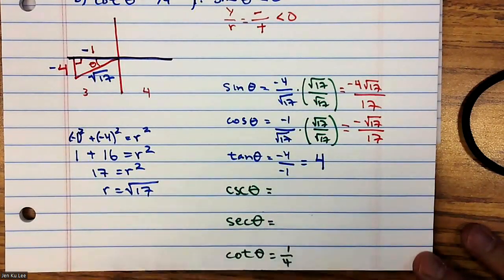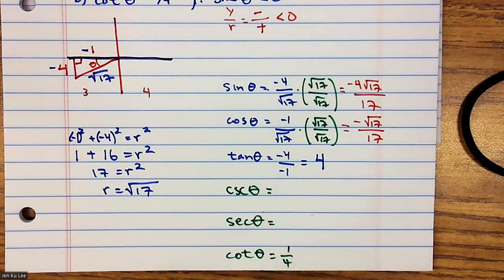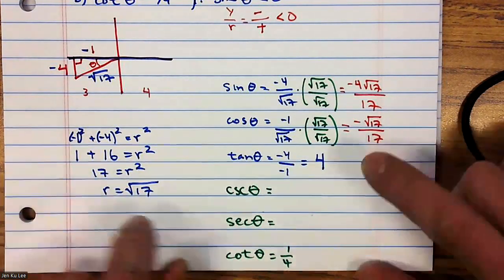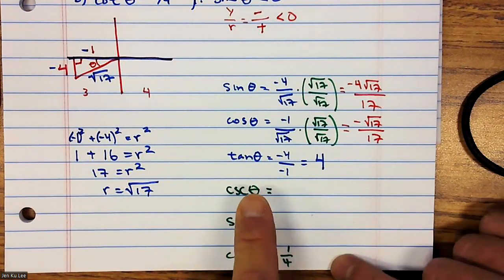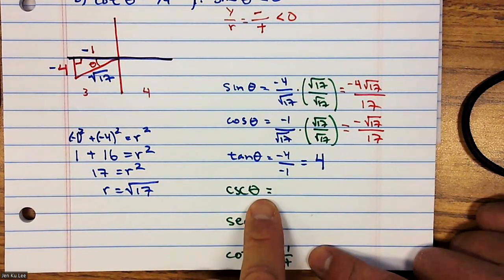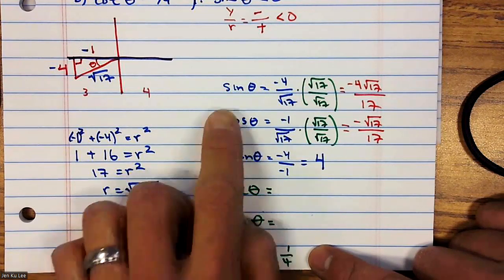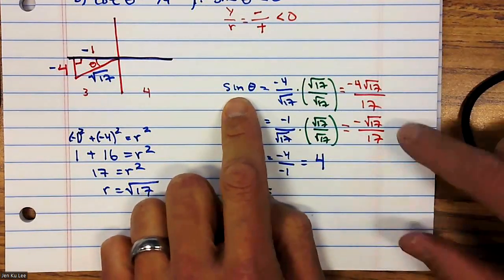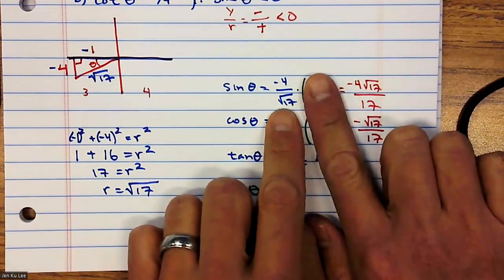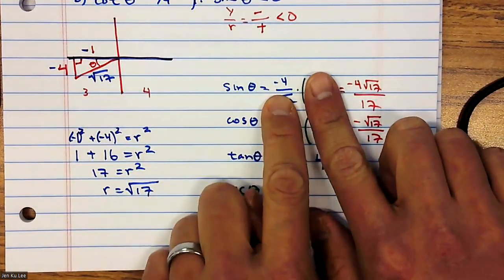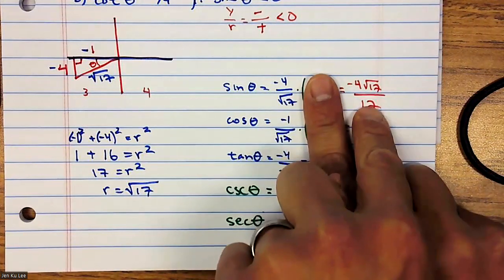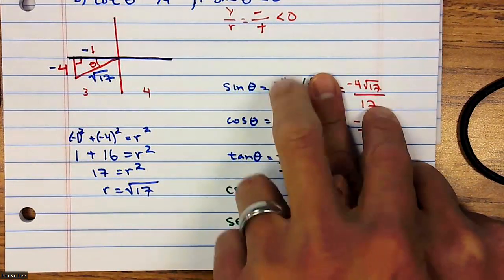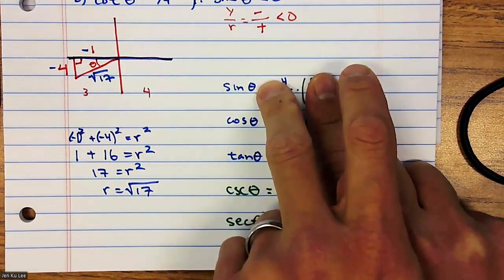Cosecant and secant. I'm going to throw a question out there. Cosecant is the reciprocal of sine, so I know I'm going to flip. Is it easier for me to take the reciprocal of the red or the blue? The blue.